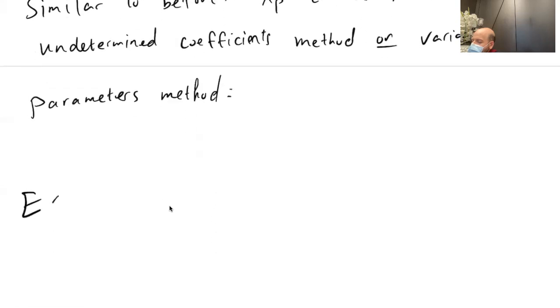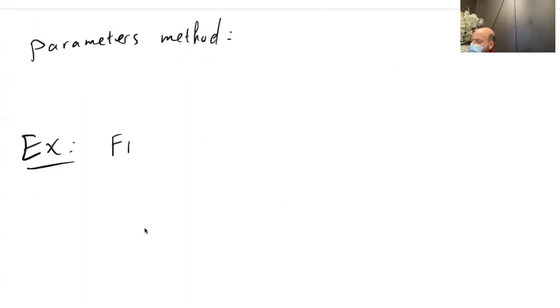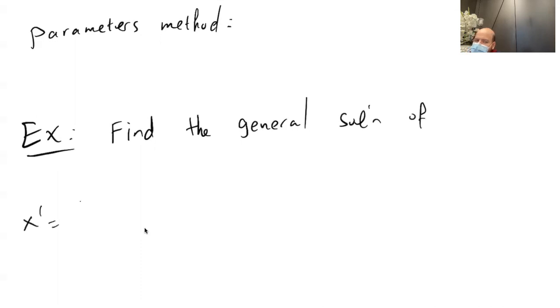So let's look at an example. Let's find the general solution of x prime equals the matrix [1, 2; 3, 2] times x plus the vector (2t, minus 4t).